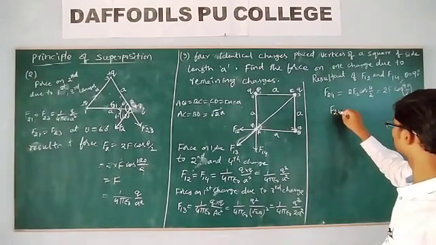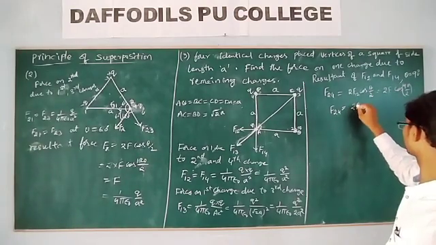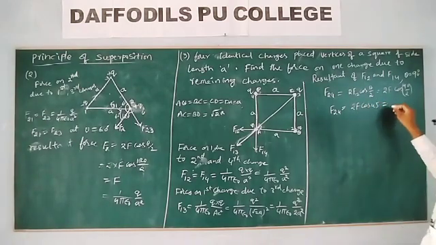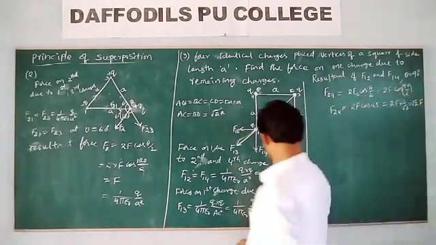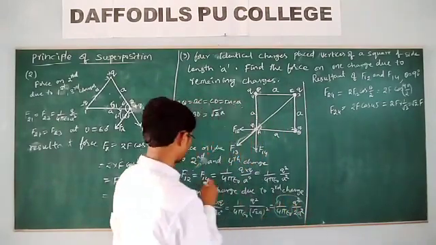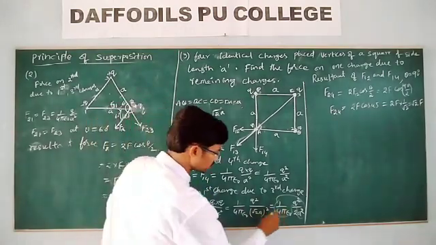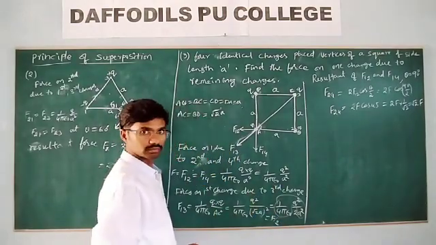Then F24 is equal to 2F into 1 by root 2, that is root 2 F. Here you can observe that F13 is F by 2.